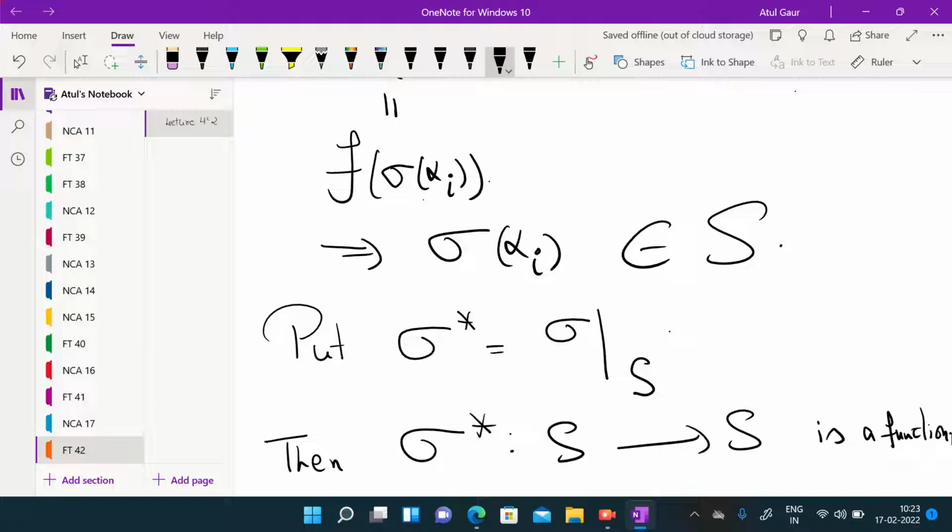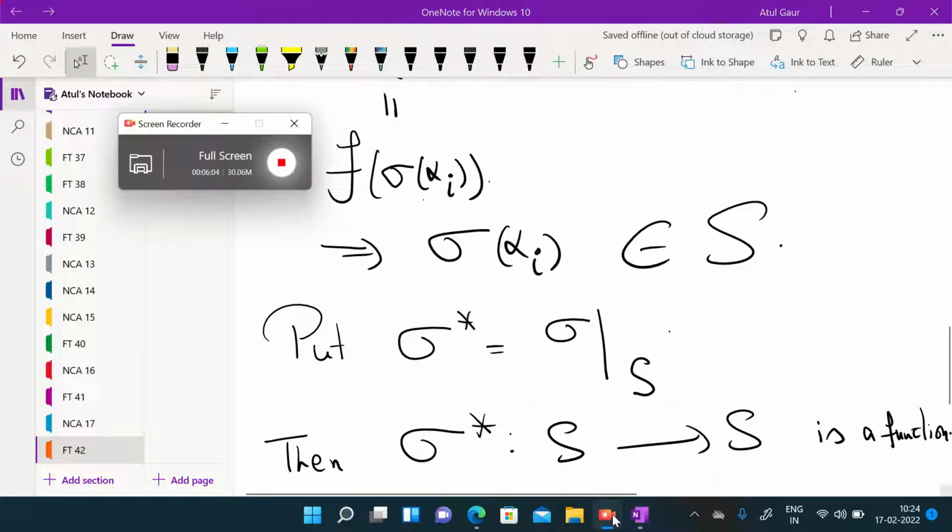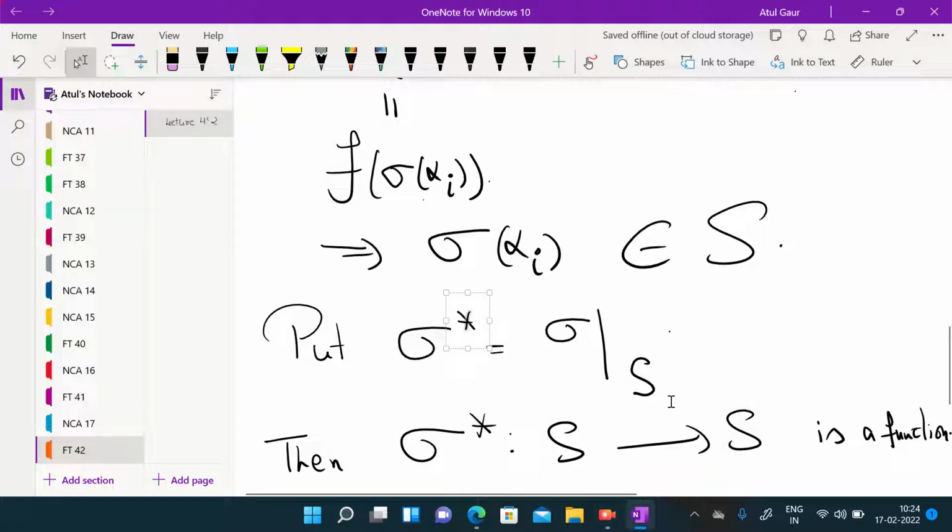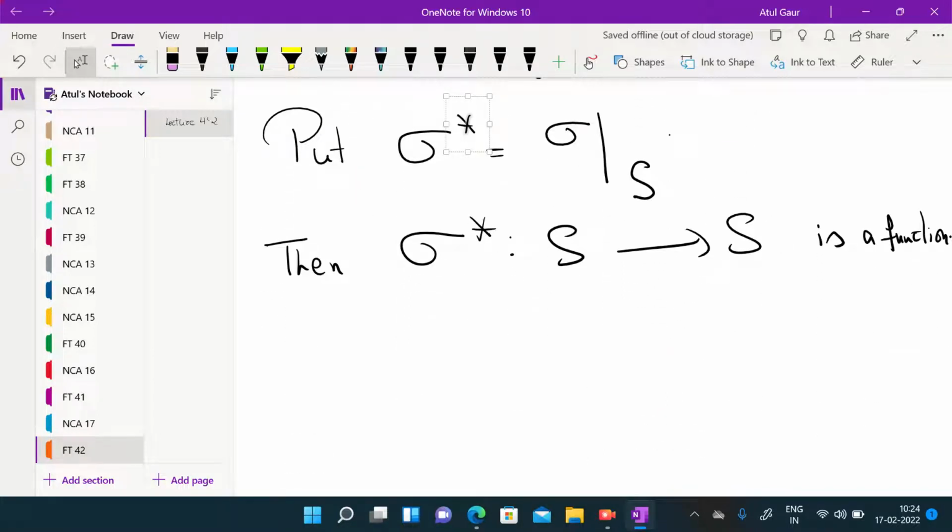Is that fine? And because sigma is a 1-1 map, sigma star, a restriction of a 1-1 map, is a 1-1 map. So sigma star is a 1-1 map from a finite set to itself. It must be onto.